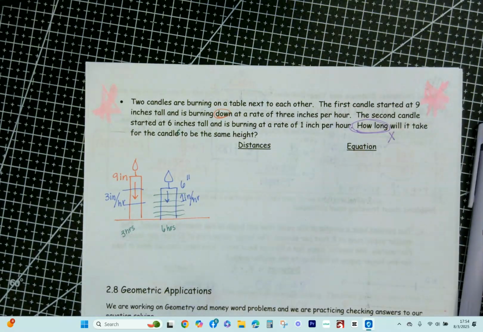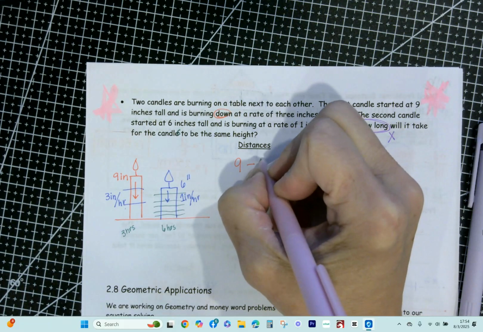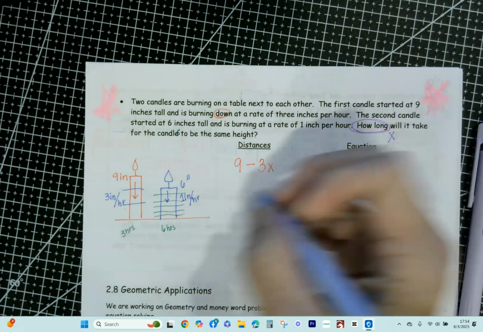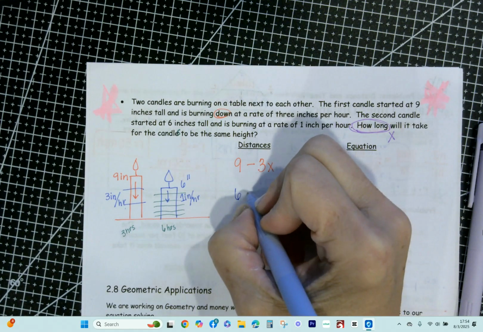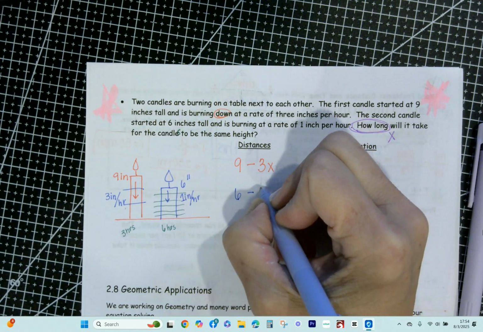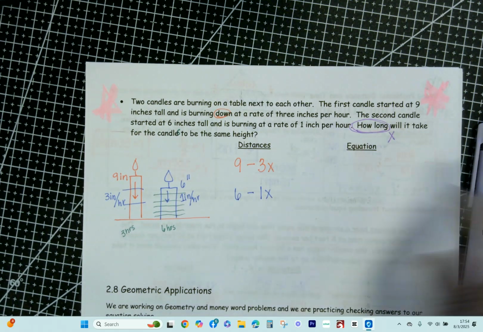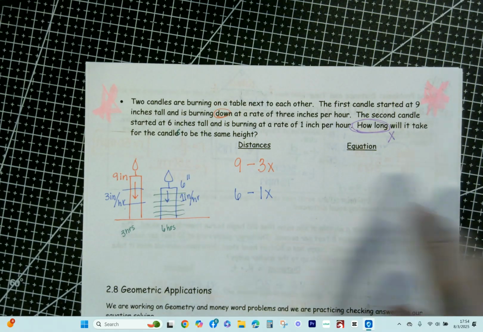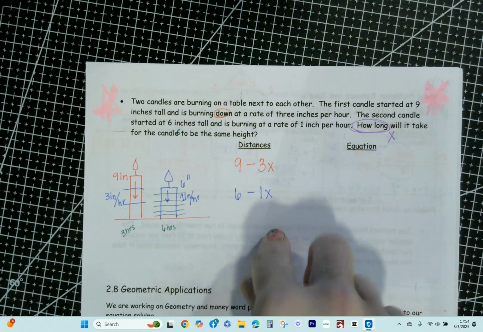We're going to start out at 9, and we're going to be subtracting 3 inches every hour. This candle here, we're starting at 6, and we're going to be taking away 1 inch every hour, just like that. You can use X, you can use T. I don't care which one you use. But we're wanting to know, when are they exact same height?